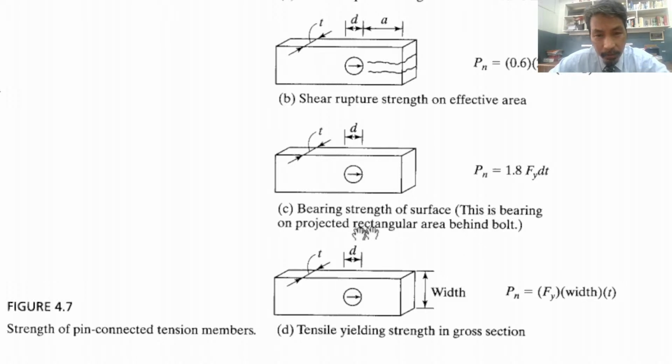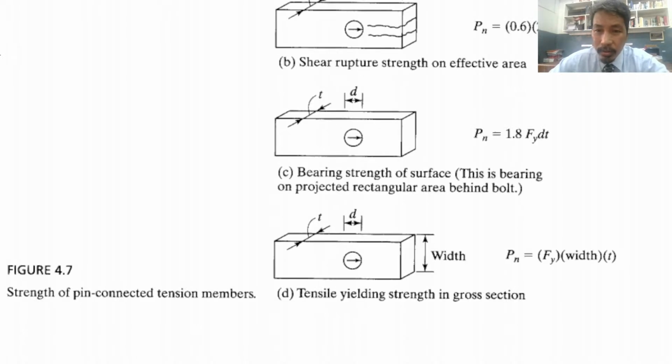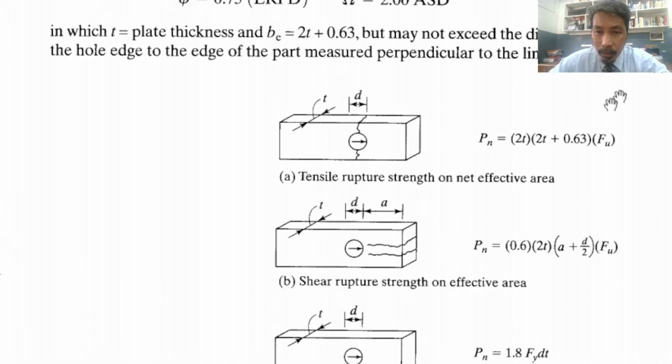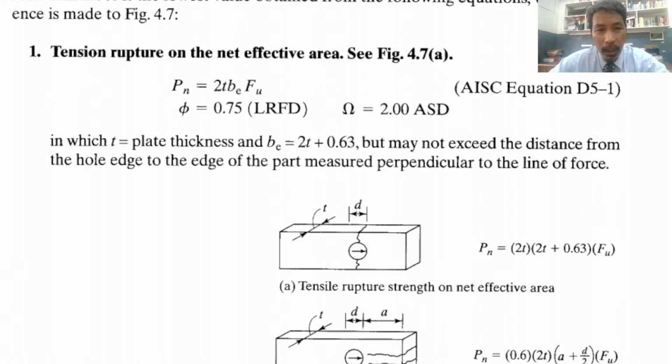Bearing is bearing on projected rectangular area behind the bolt. Again, we have this. Those are new concepts and new provisions from the code. So there are four corresponding different formulas.